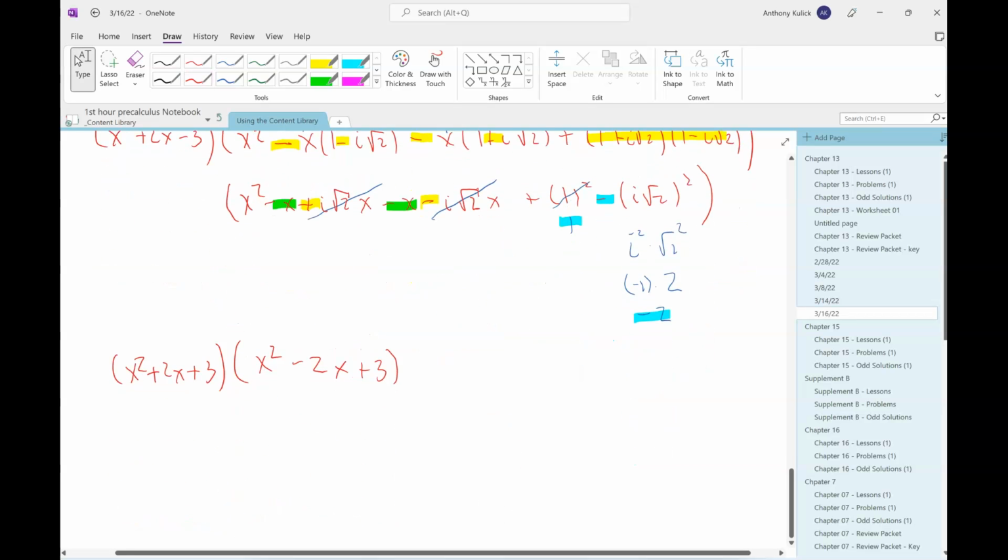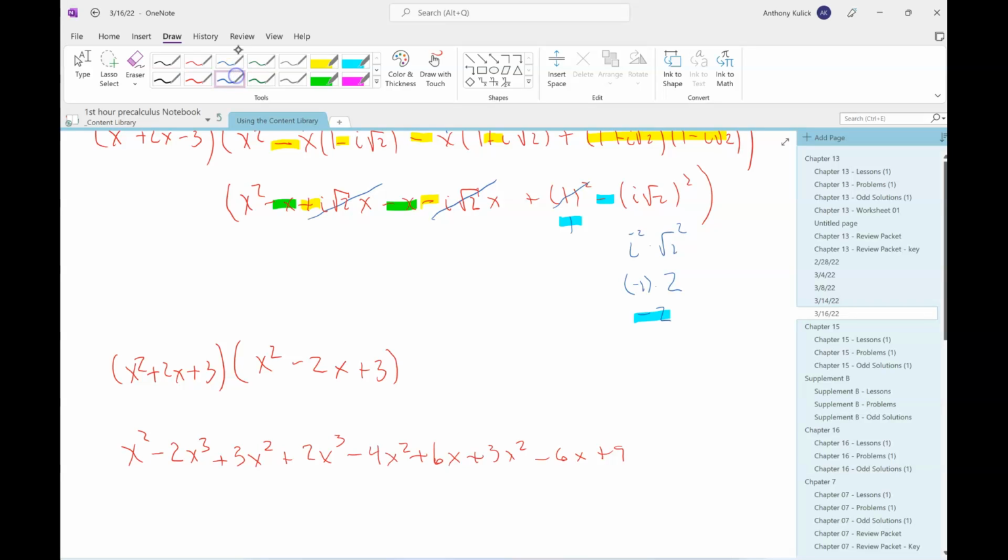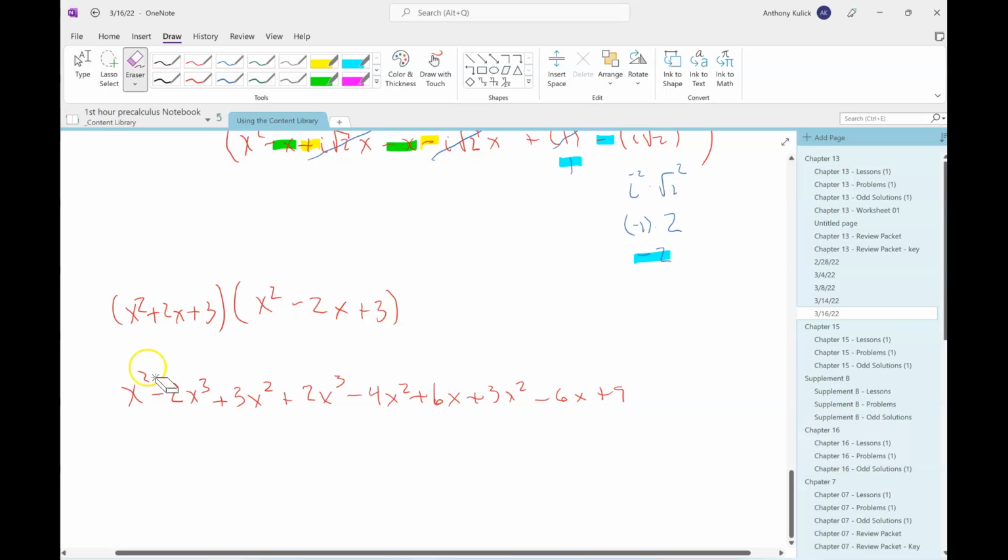And now I just foil these two together, and then I'm done. So I just do that.